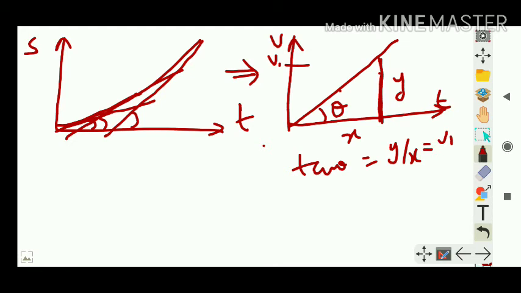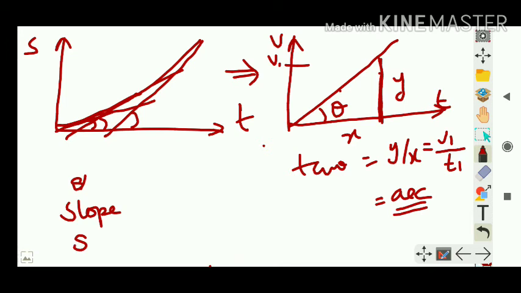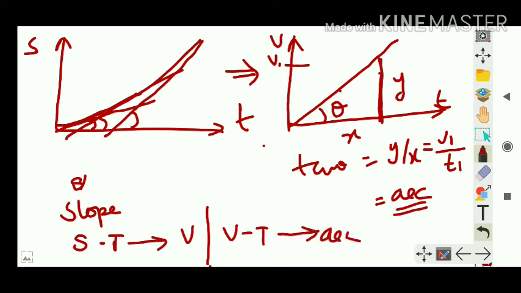And what will be x? That is time, let's say t1. So what is velocity by time? It is acceleration. So the slope of a velocity time graph gives you acceleration. Remember, the slope of a displacement time graph gives you velocity, whereas the slope of a velocity time graph gives you acceleration.